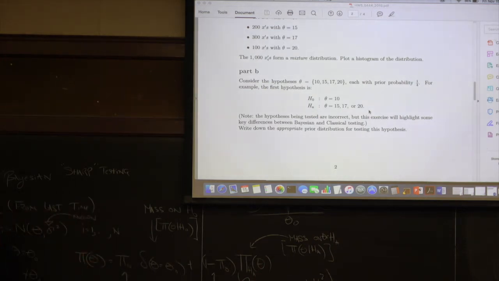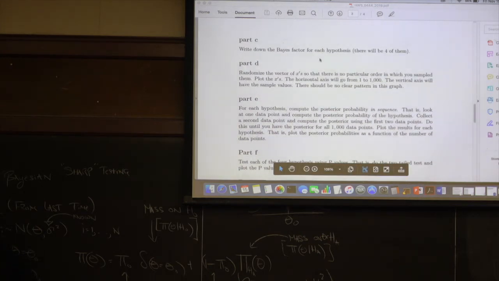How am I going to weight those 3 different point masses? Probably with probability 1/3. So my overall prior for doing this, so I asked you to write down the appropriate prior, I'll just tell you what it is. It's 4 point masses, each with uniform probability on it, 1/4.